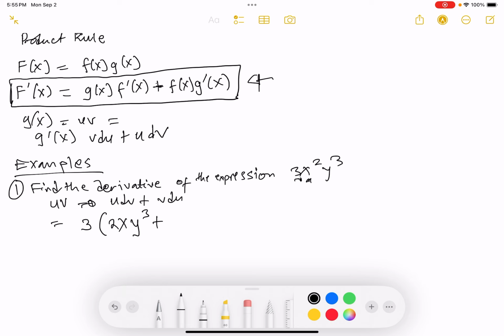So plus x squared times 3y squared, right?